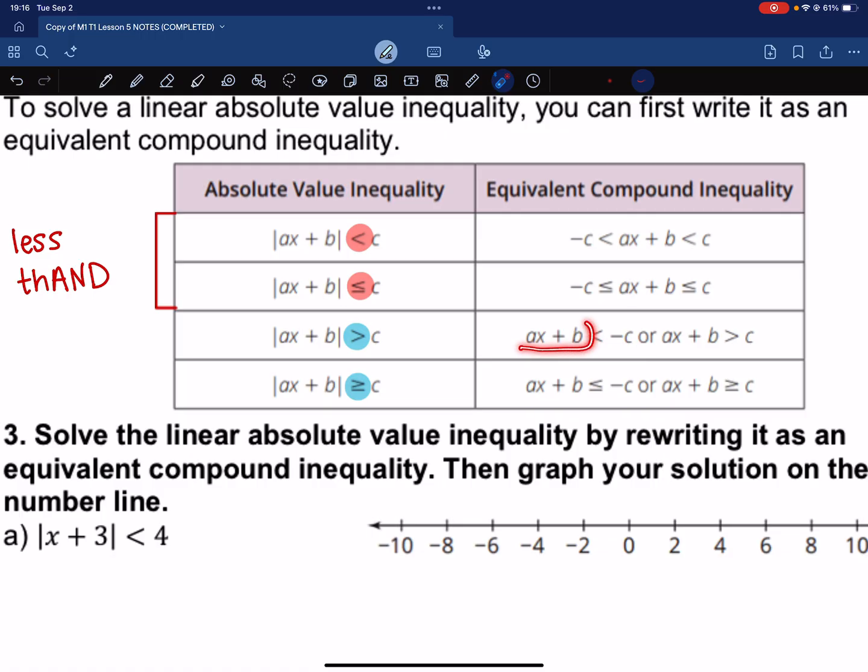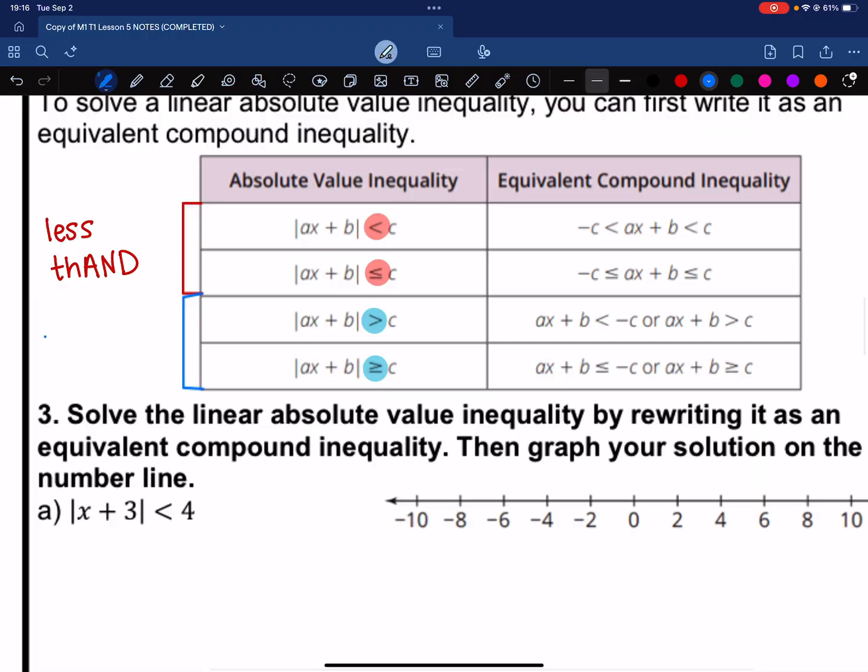When you drop the absolute value bars, you're going to have one that's less than the negative version, and then you will have one that is greater than the positive version of whatever it's equal to. So for this one, to help you remember, this will be greater, because it has an or in the middle.